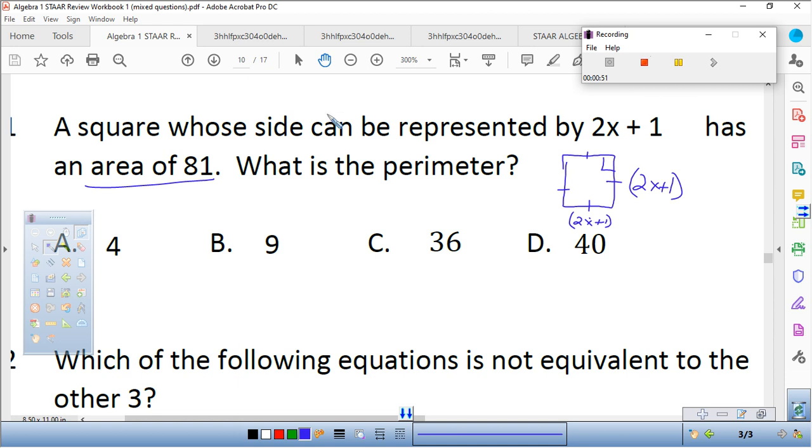Right? That's how you get the area. Our area is going to be, for a square, side squared, and that's going to be equal to 81. So here my side, 2x plus 1, squared is equal to 81.